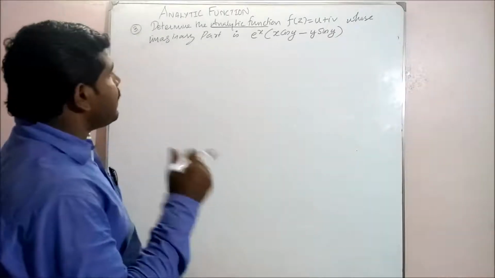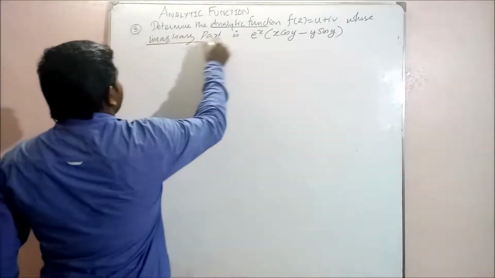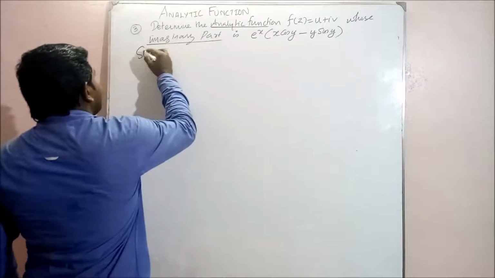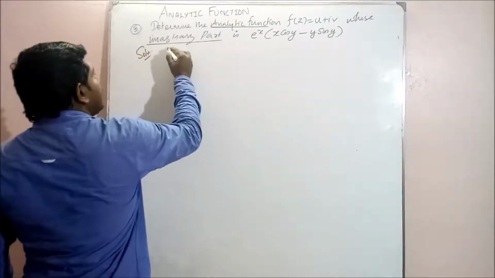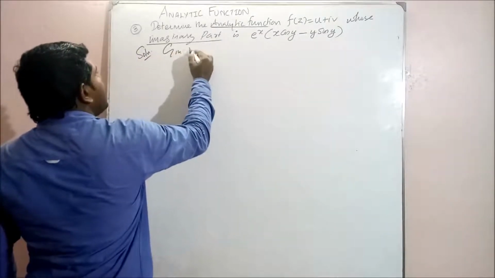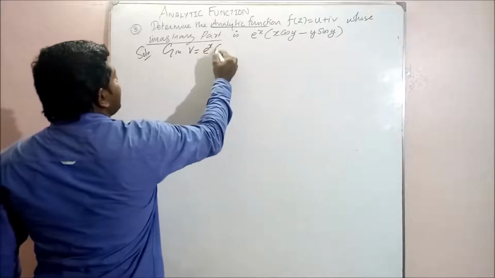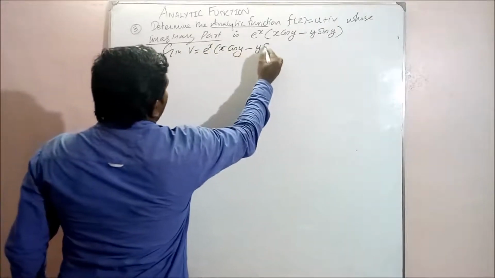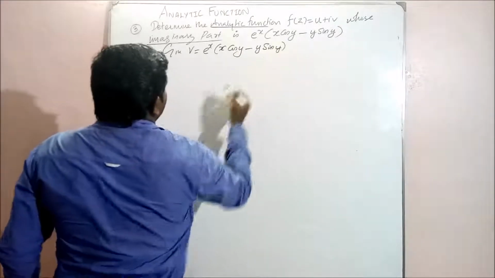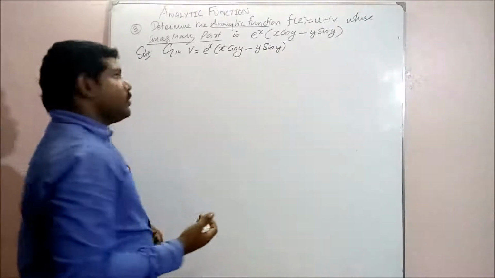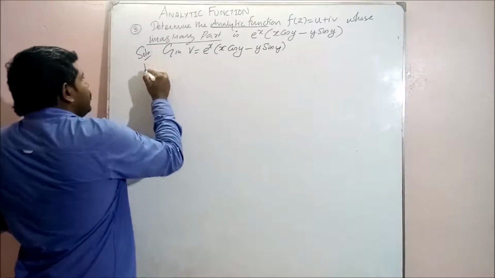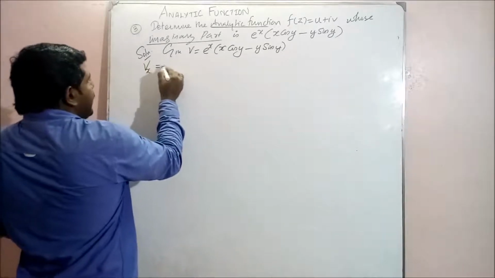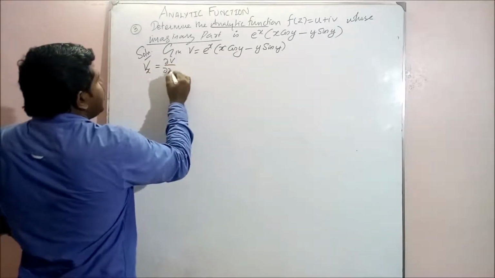Here the imaginary part is given. So v is equal to e power x into x cos y minus y sin y. Since the imaginary part is given, first calculate vx. vx is dou v by dou x.